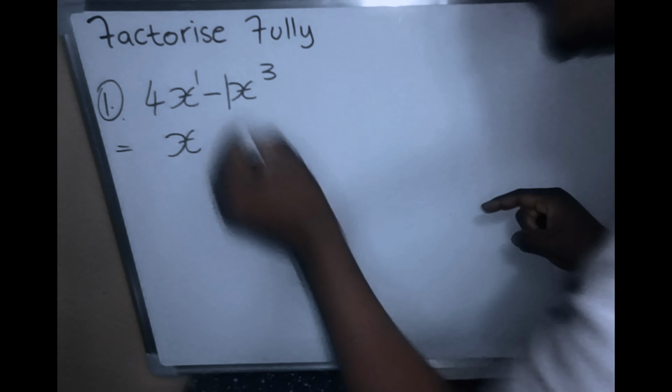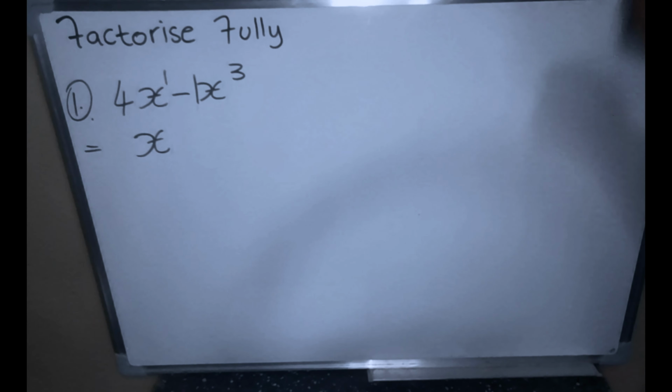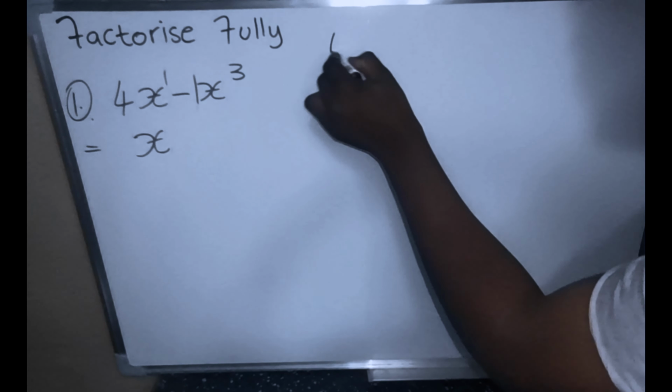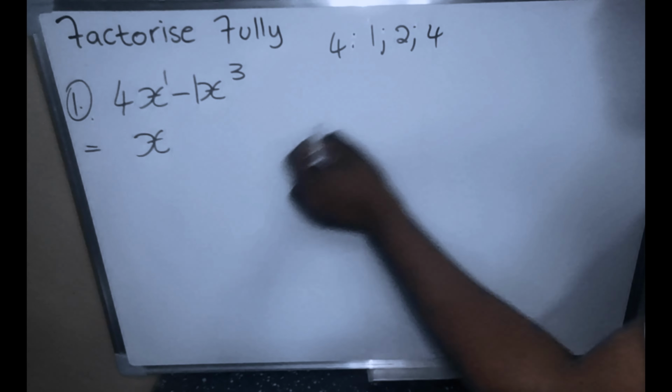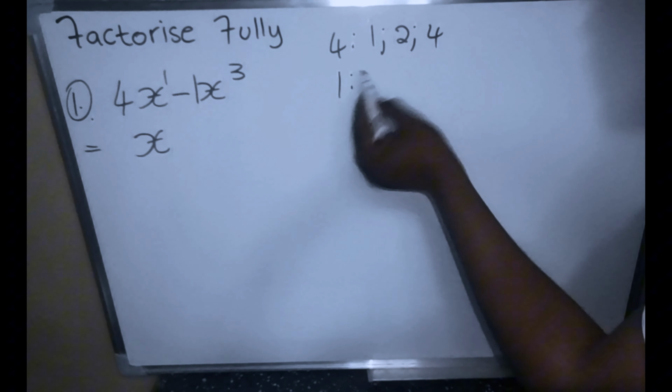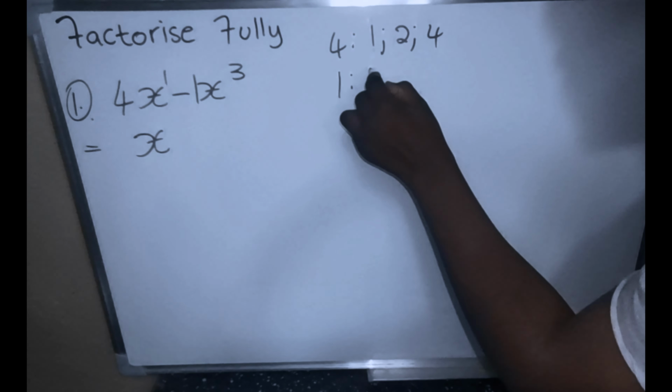Now, we've got 4 here and 1 here. Remember, in terms of taking out the highest common factor, what are factors of 4? Factors of 4 are 1, 2, and 4. Factors of 1 is only one factor, which is 1.